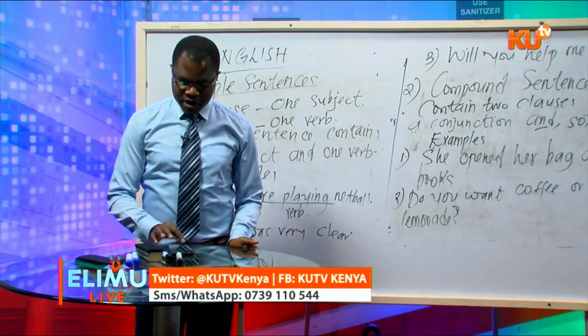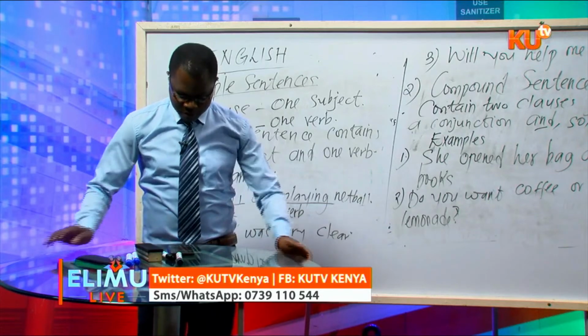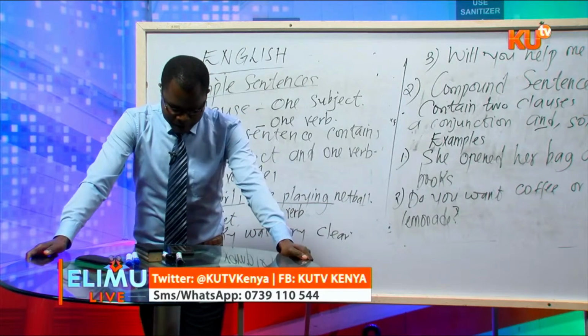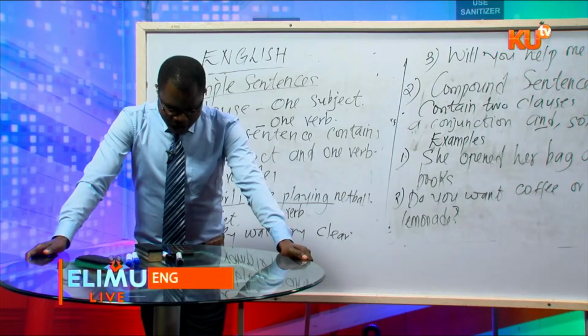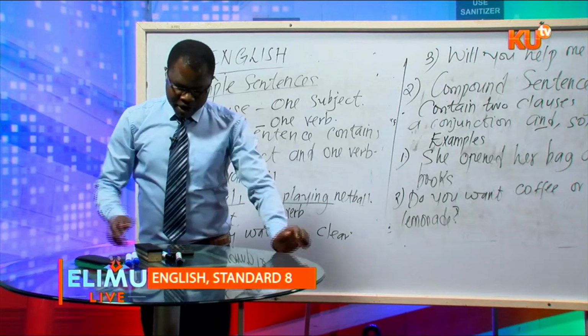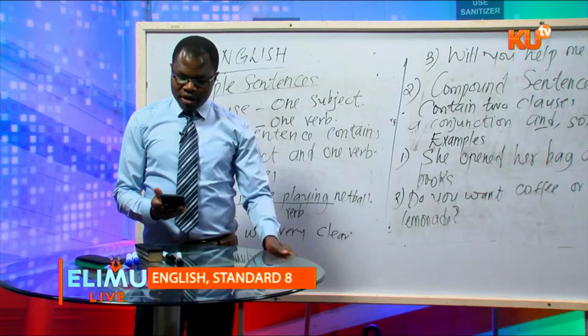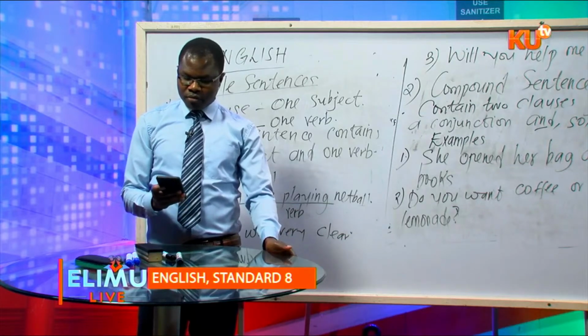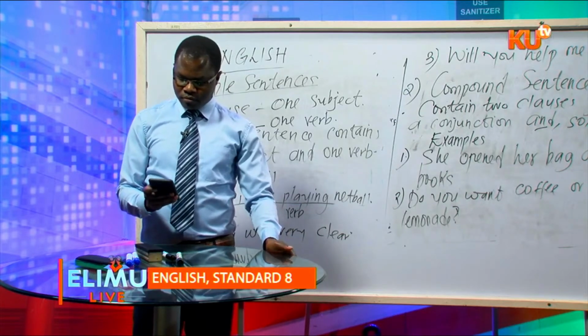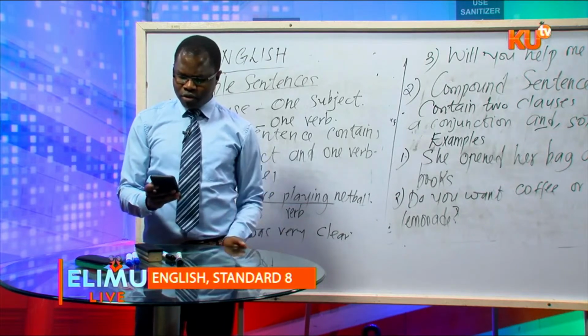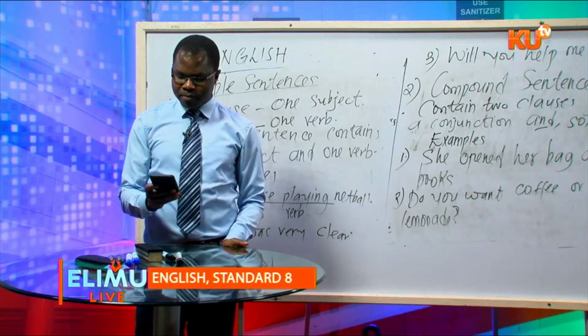I hope I'm very clear. Let me ask another one. Another person is saying, hi, Purity from Baringo. The words came to an end could be replaced with, maybe you resend your question, it's not very clear.